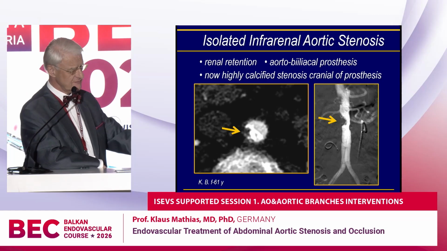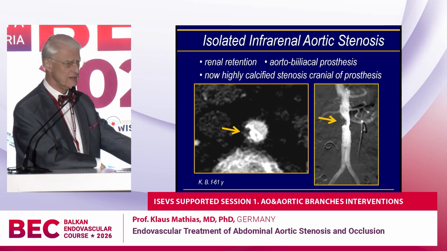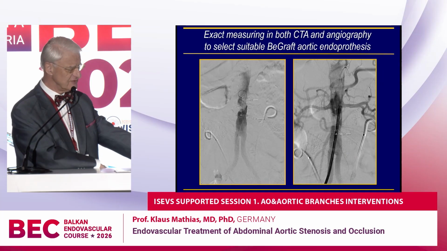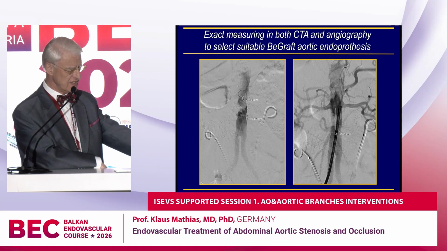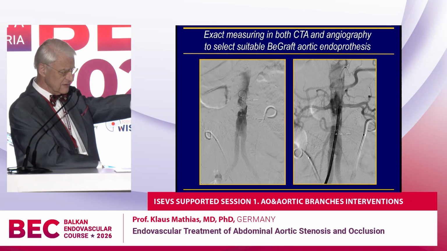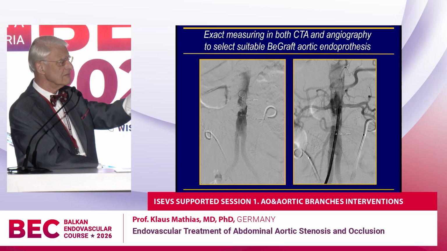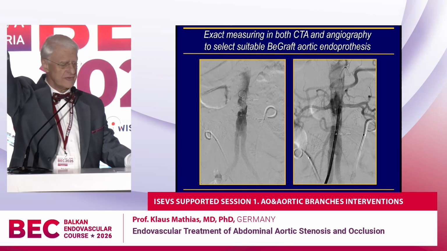You see here a typical lesion. It's below the origin of the renal arteries, a calcification, as you see, and then you go up there. There's also another problem in this lady, because she also has catheters there. Next.